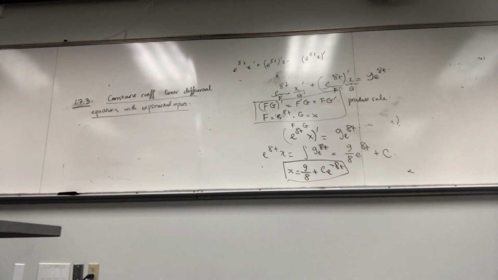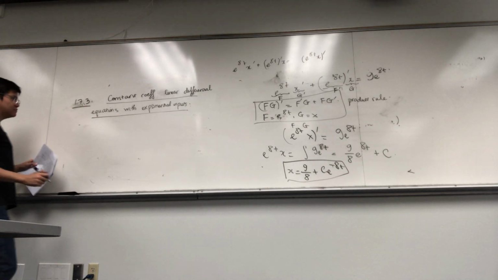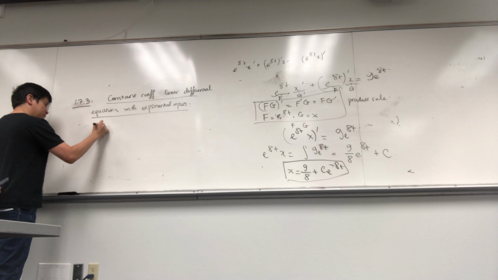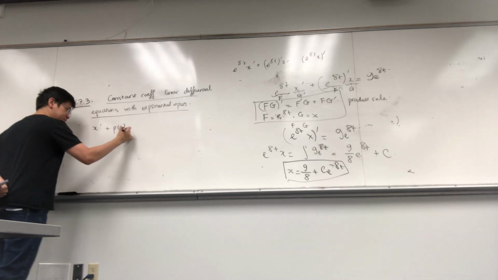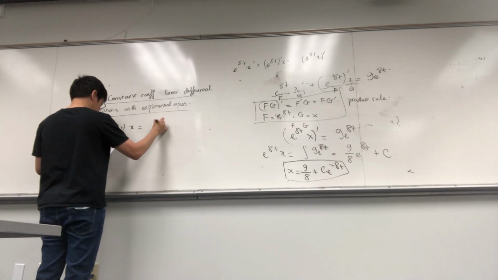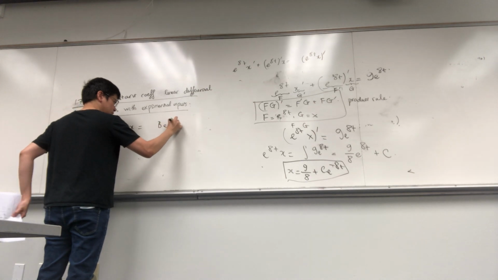The form is x prime plus p x equals b e to the t.